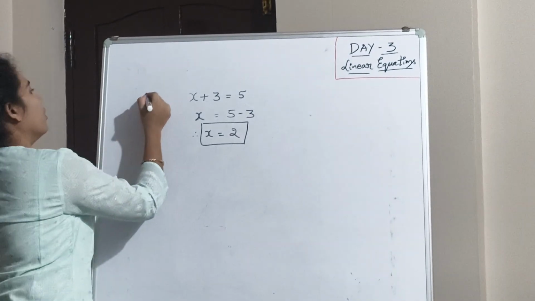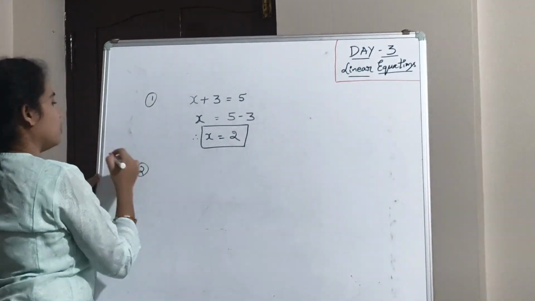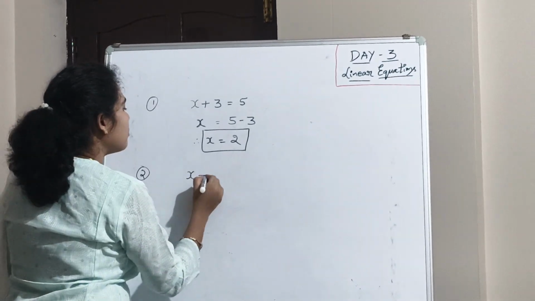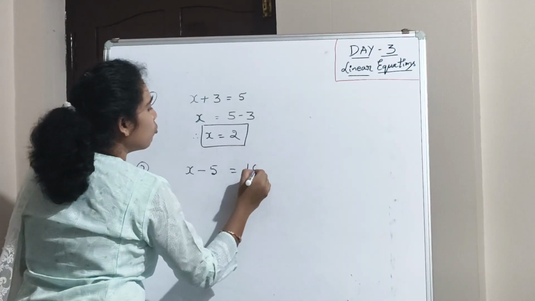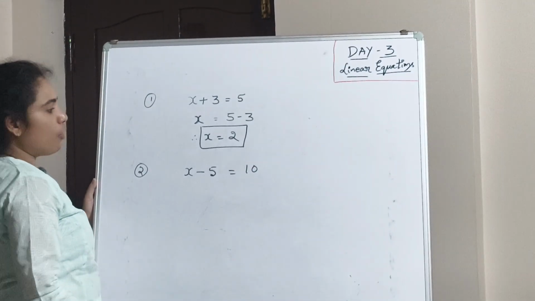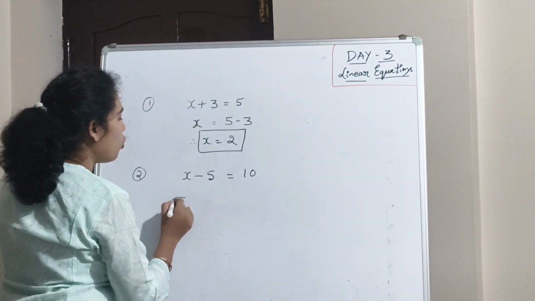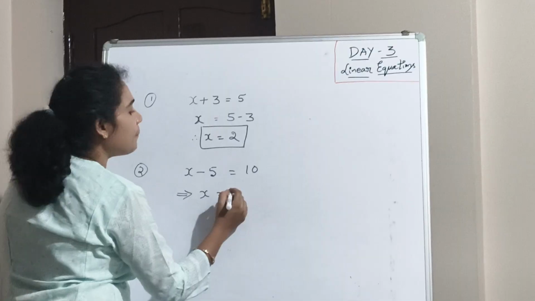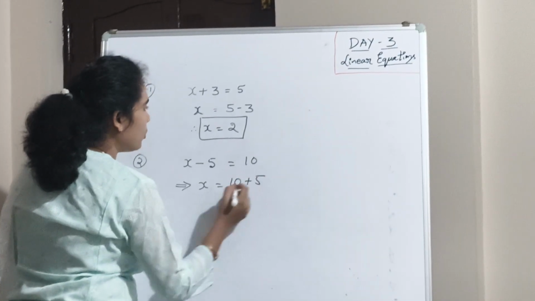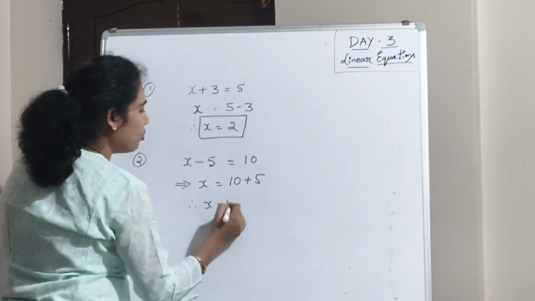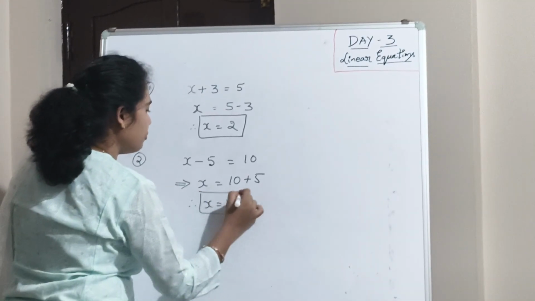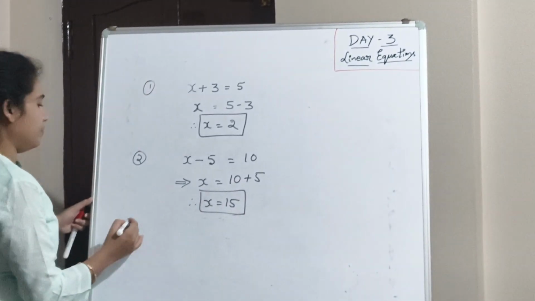Next. x minus 5 equal to 10. Now move this minus 5 to the RHS. Minus 5 becomes plus 5. So x is equal to 10 plus 5, which is 15. That is the answer.